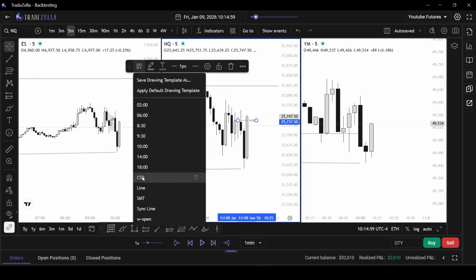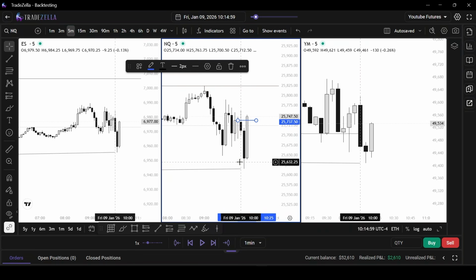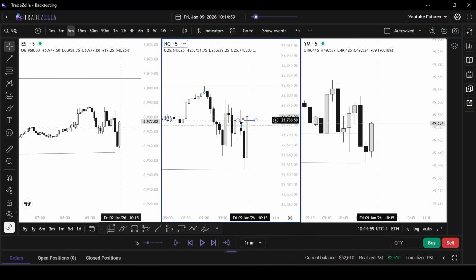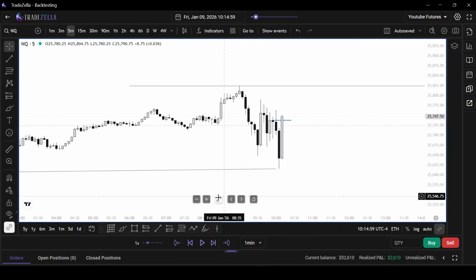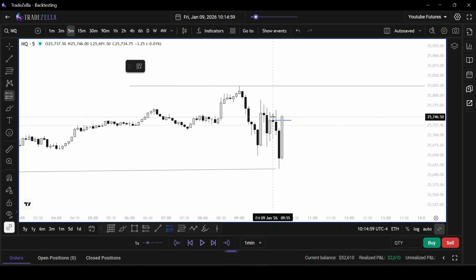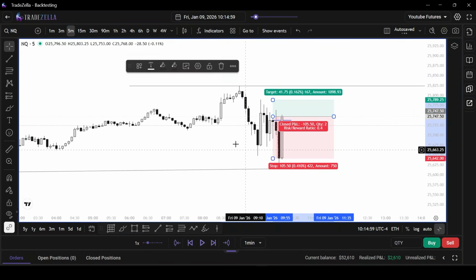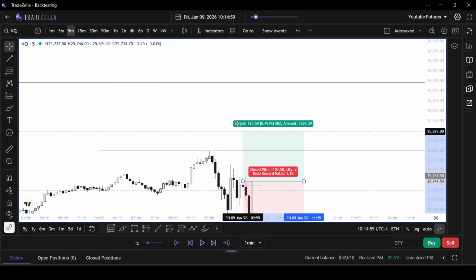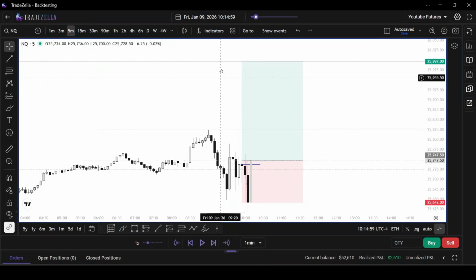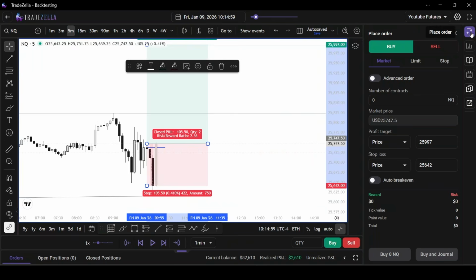Oh goodness, now yeah, we're literally trading the 10 a.m. candle, right? So I'm going to expand it. Put my stop loss here, and my target all the way. Let's see if that's going to work.